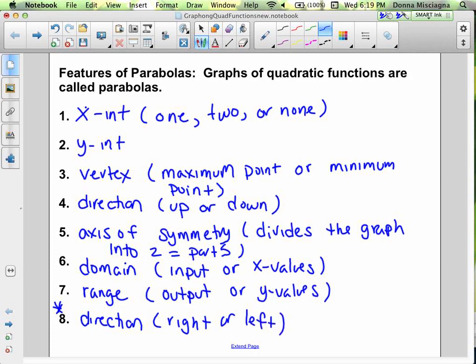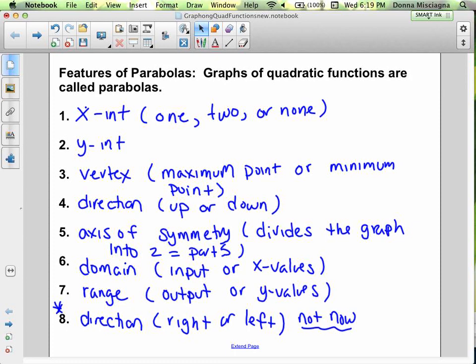We will not be graphing these though. So these are not now. The equations for these type of parabolas are different than the ones that we're going to be graphing. So we're going to be worrying about direction up or down.